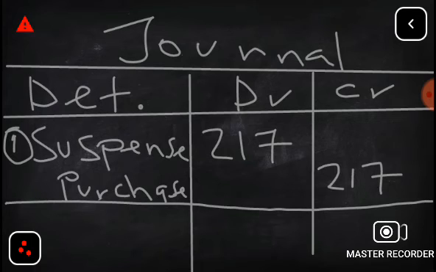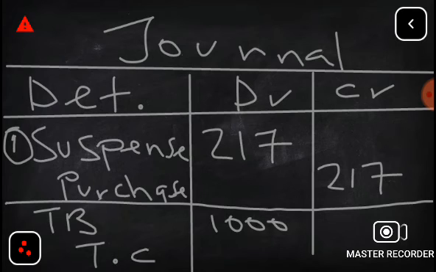This is a journal entry, and you close that entry. Then the other thing we have to do is look at the other account where we had TB. So TB 1,000 was debited, and TC 1,000 credited. Then you have recorded this transaction in your journal.